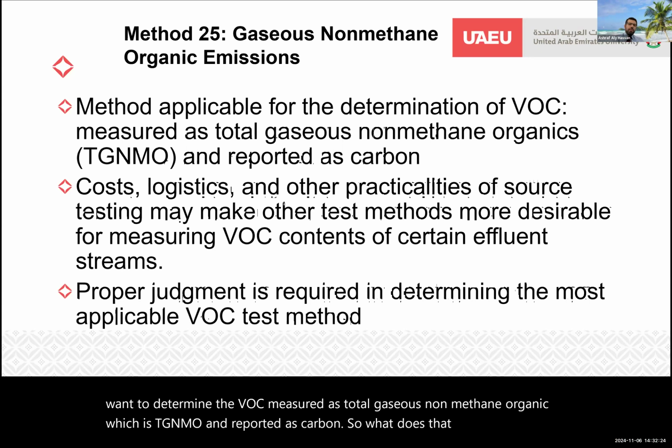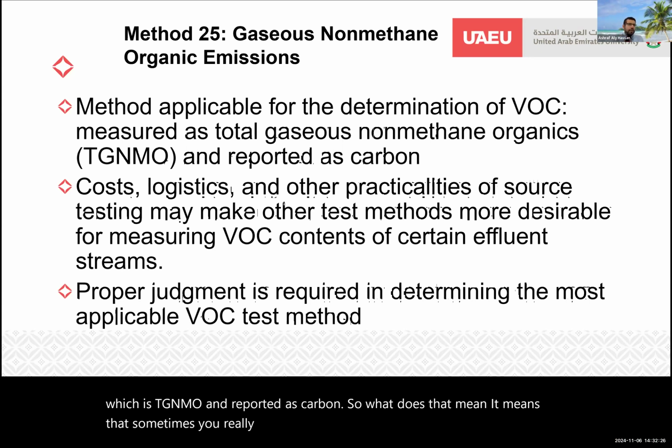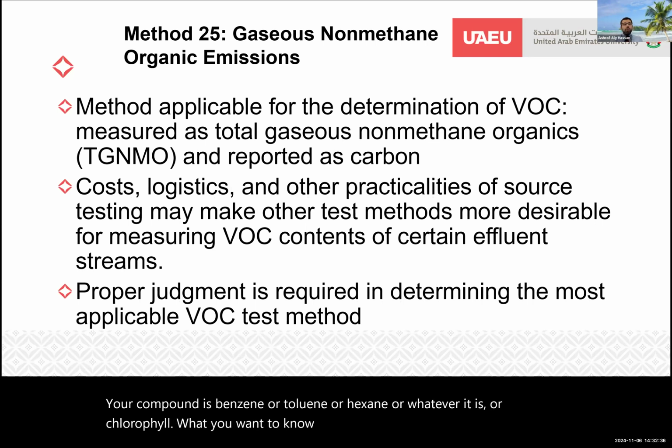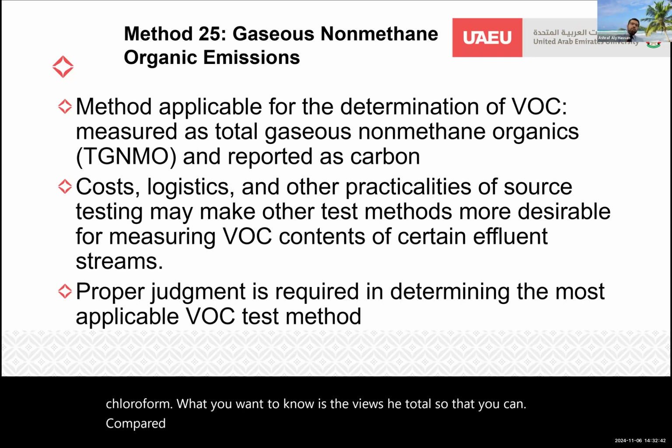It means that sometimes you don't care if your compound is benzene or toluene or hexane or chloroform. What you want to know is the VOC total, so that you can compare it with the limit to show compliance. And in this case, you just need a number.